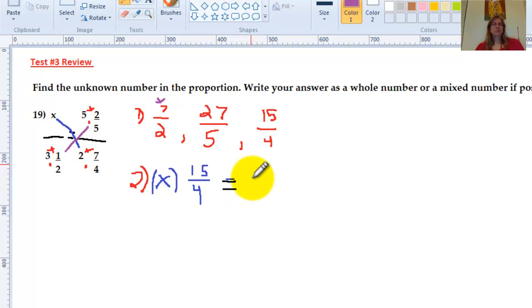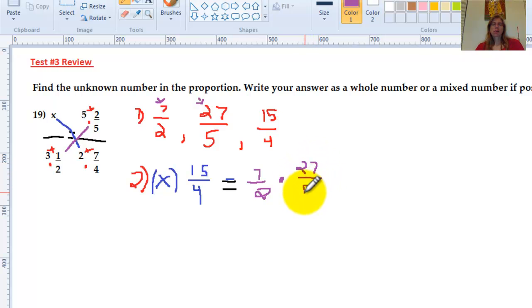So 3 1/2 is now 7/2. We're going to go times 5 and 2/5, which is now 27/5. So we're going to multiply that by 27/5.